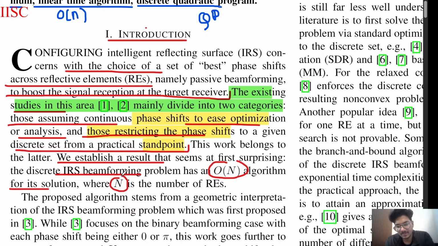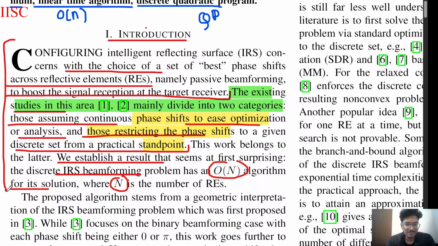So in this paragraph we understand that for the reconfiguration of the intelligent surface, we choose the best phase shift across all the reflective elements. That is the passive one, through which we can boost the signal reception for the target receiver.